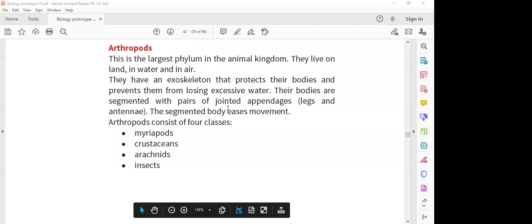Like I was telling you, these organisms can live in a wide range of habitats.